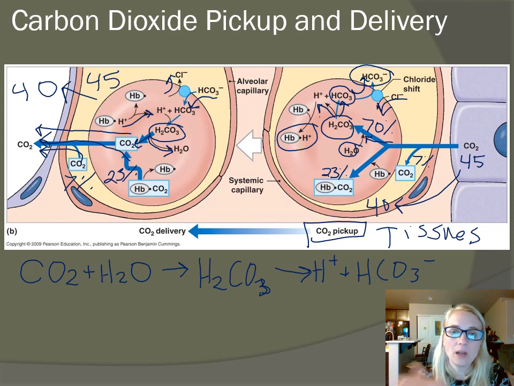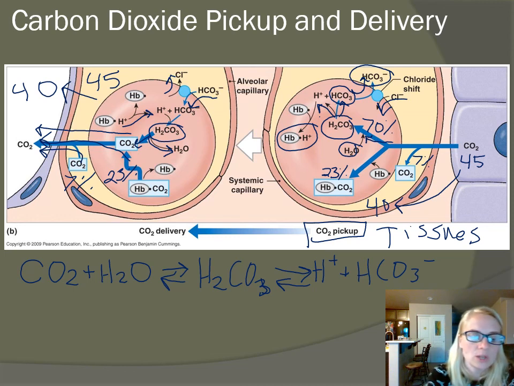Then when we're at the lungs and we go to drop off, it is just reversible. So bicarb plus hydrogen ions become carbonic acid, which dissociates into water and carbon dioxide. And so this is how we breathe out. The directionality going this way is at the tissues.